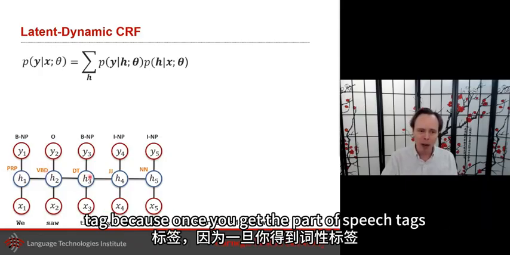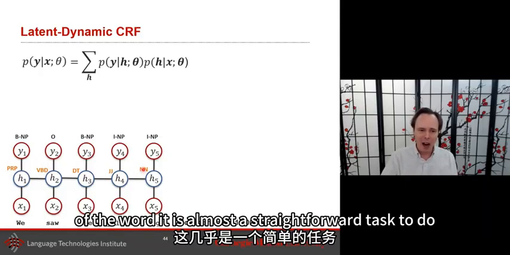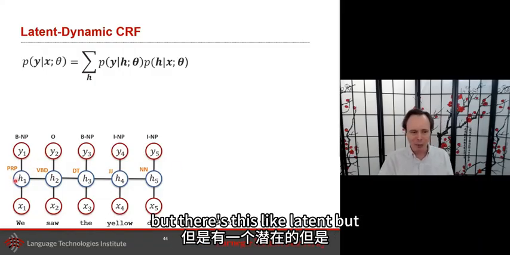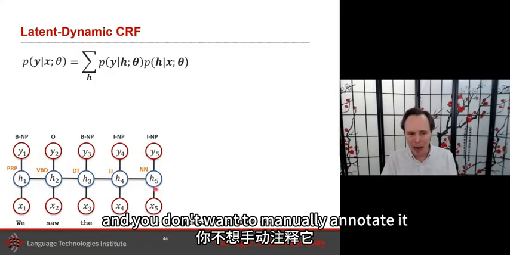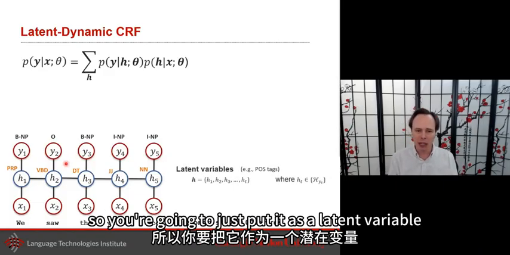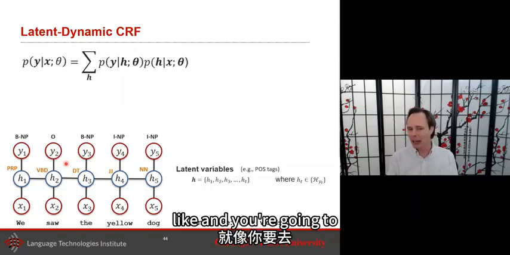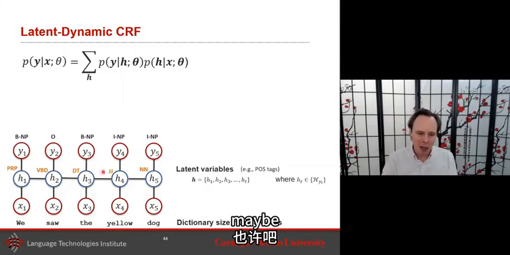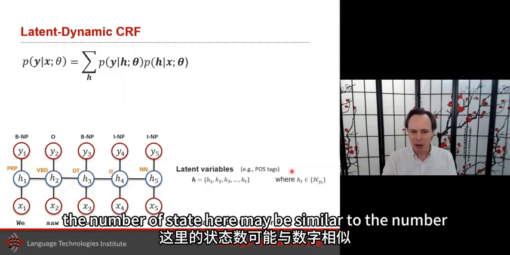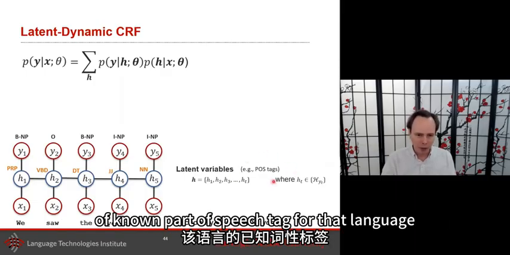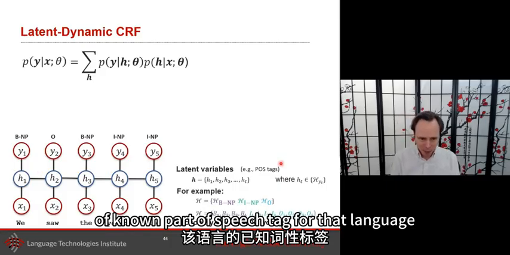Because once you get the part of speech tags of the word, it is almost a straightforward task to do. But there's this latent, and you don't want to manually annotate it, so you're just going to put it as a latent variable, and maybe the number of states here may be similar to the number of known part of speech tags for that language.